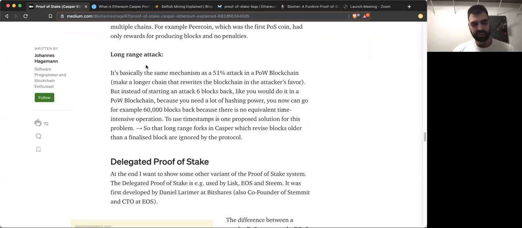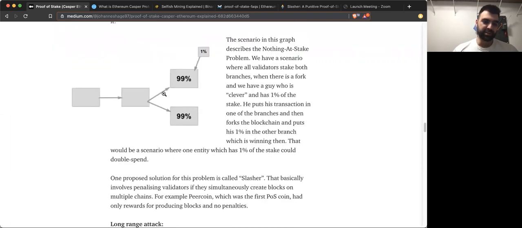Okay, and then this long range attack, which is, okay, yes, this is something else that, if it basically costs you nothing to add blocks, you just need to stake. Like you said before, what if I go down 10,000 blocks before and just fork the chain and just keep validating my own stuff, and just keep adding blocks?